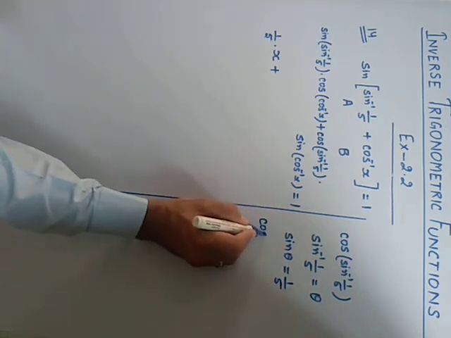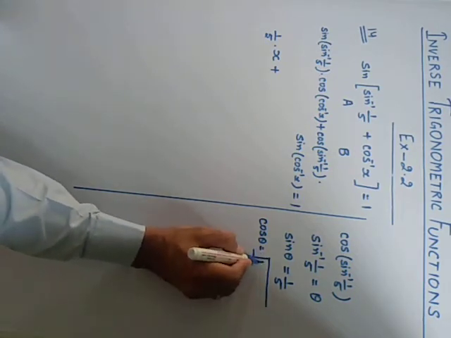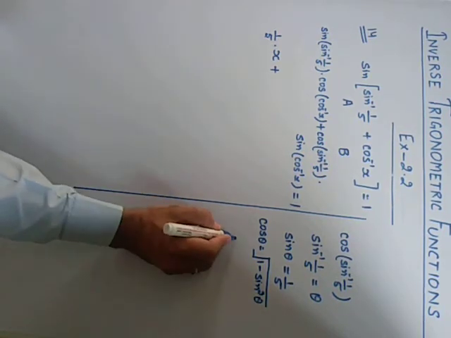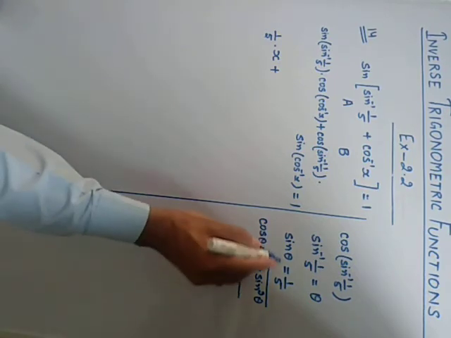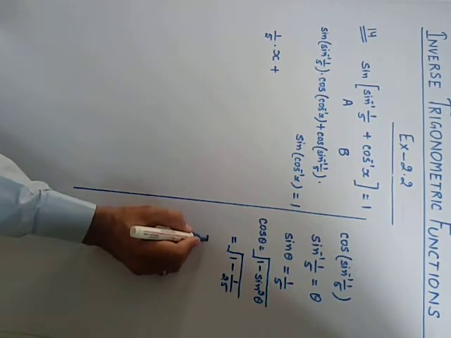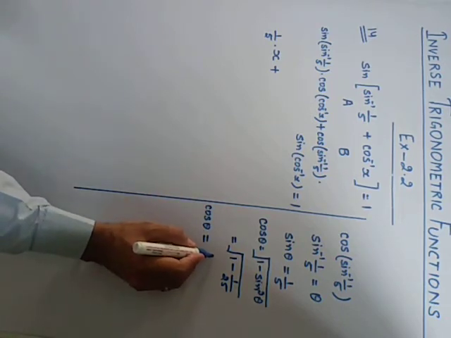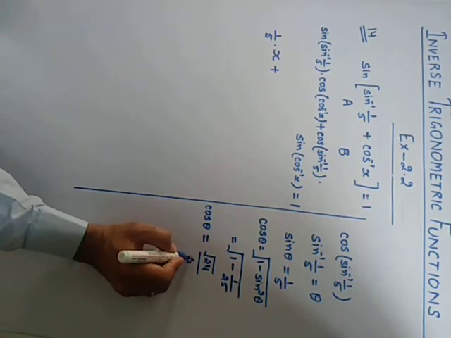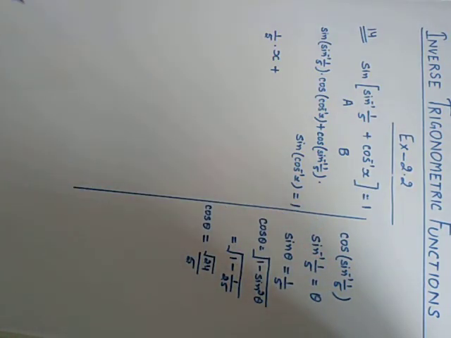So cos theta can be written as under root 1 minus sin square theta, which equals 1 minus 1 upon 25. So cos theta equals square root of 24 upon 5, and cos theta is cos sin inverse 1 by 5.